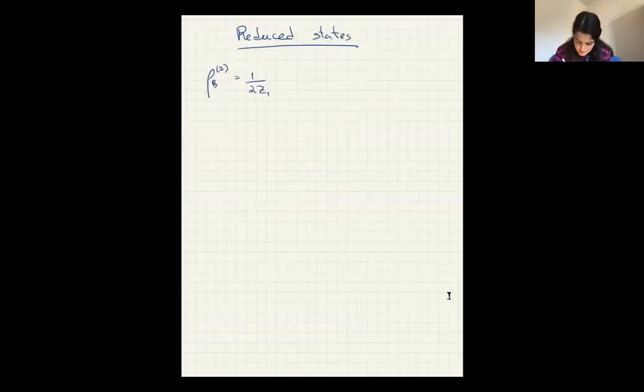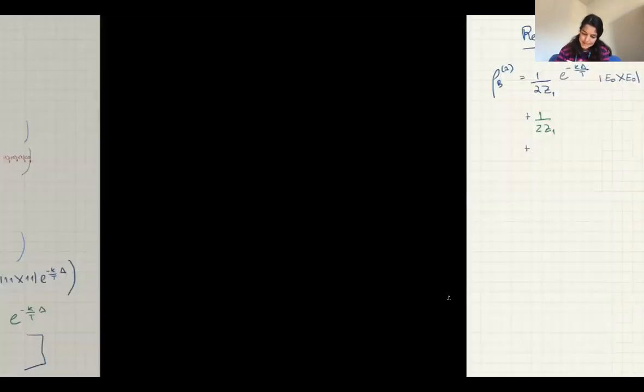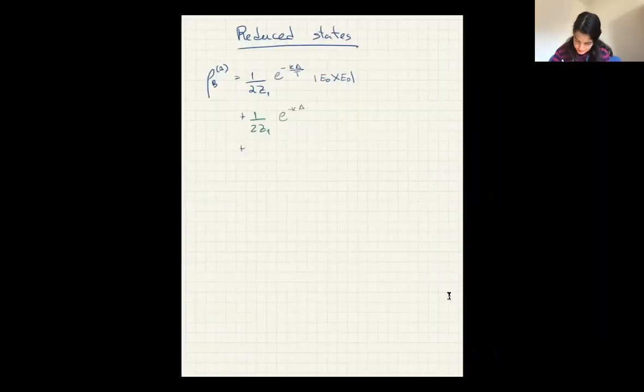Times this coefficient, e to the minus k delta over t, and 0, which you can interpret as with this probability, nothing changed, plus the other two terms. So the green was with probability 2 z1, and this thing, e to the minus k delta t, it increased a bit. And with probability just 1 over 2 z1, it decreased a bit.